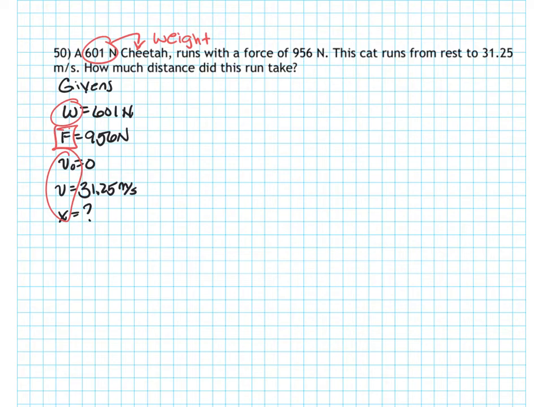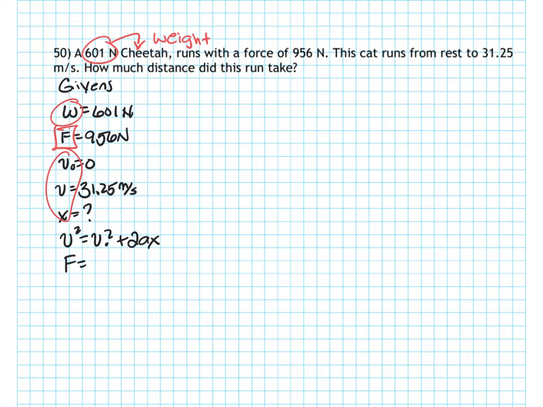So let's see what this is like starting from the bottom and working my way back up. I need an equation with V naught, V, A, and X in it. So that's going to be V squared equals V naught squared plus 2AX. So that's the kinematics part. But to do that, I've got to find the acceleration from Newton's second law.